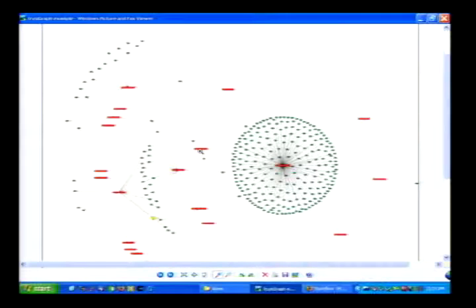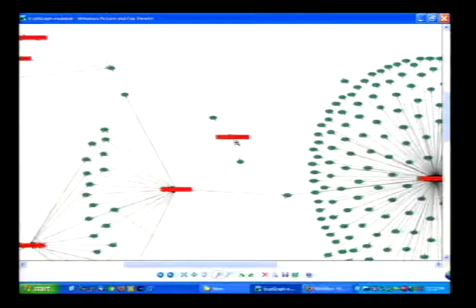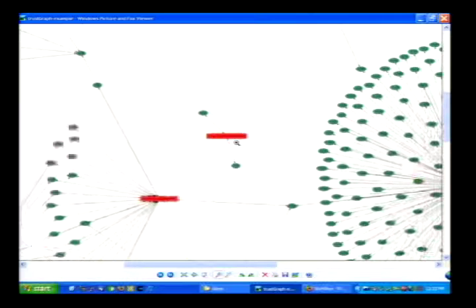So if we keep zooming in, we just want to get to the point where it's legible. So what you'd see is IP addresses inside the blue circles, and then inside the orange rectangles you would see a username and a password hash that match between those two systems.